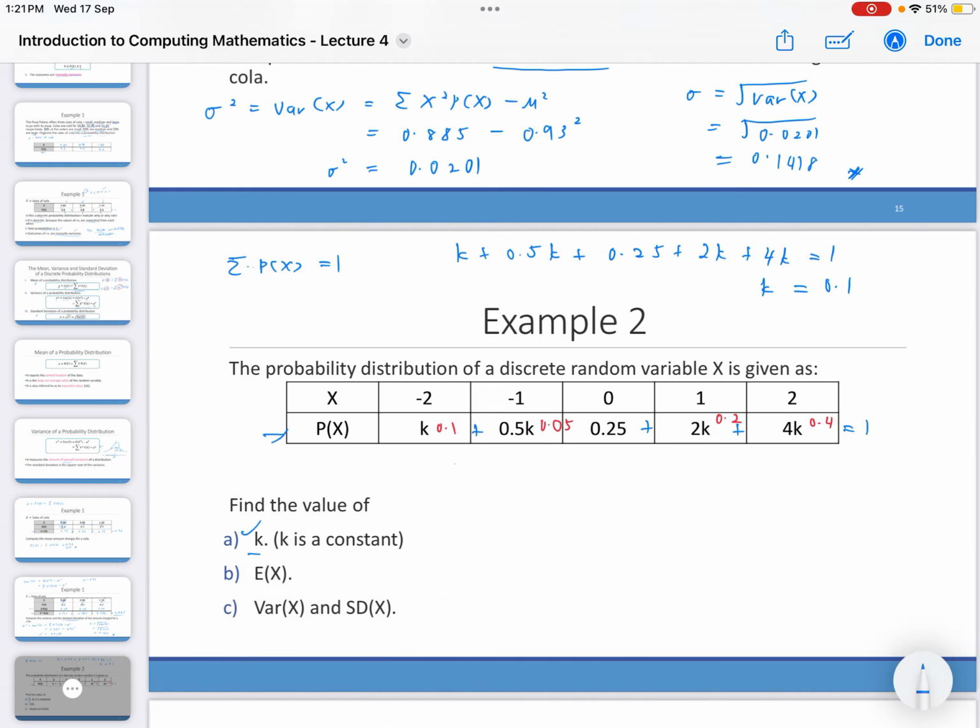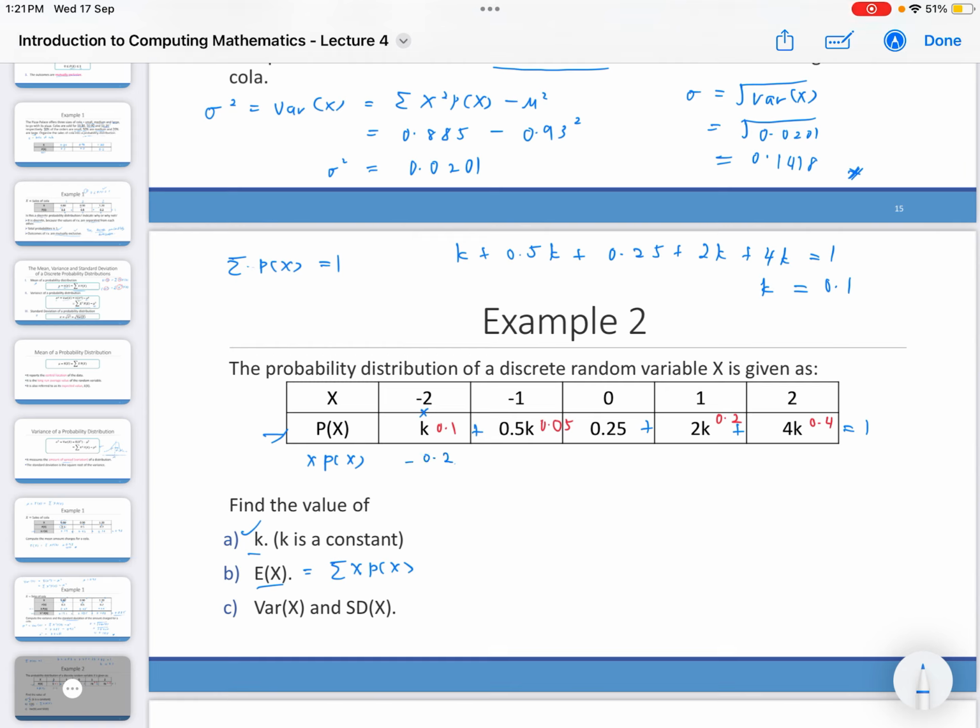Okay, and then next we want to calculate E of x. Remember the formula for E of x is the sum of x times P of x. So we add one row here for x times P of x. We calculate each x times P of x. For this one, minus 2 times 0.1, you get minus 0.2.